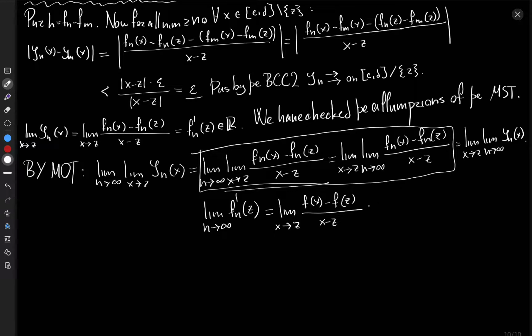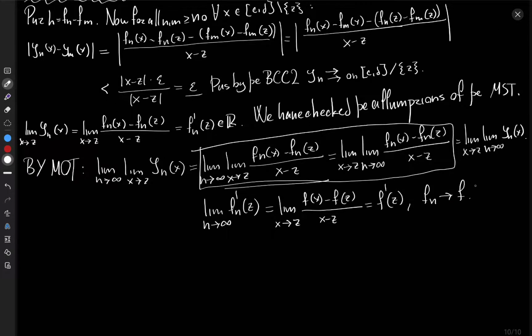But this is just, again, the definition of a derivative. This is the derivative of f at z. We have used here that fn converges to f, which follows from the fact that fn converges uniformly to f on the interval CD.